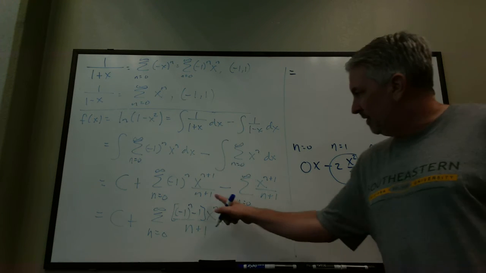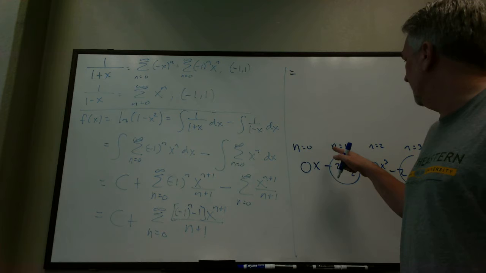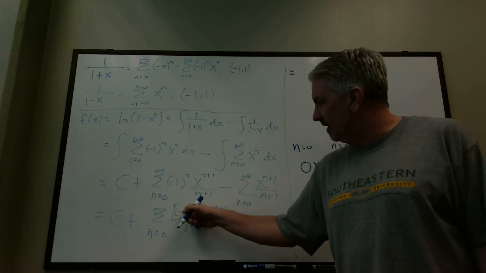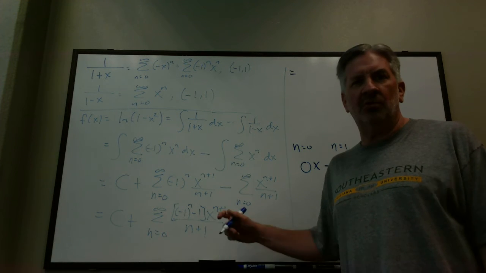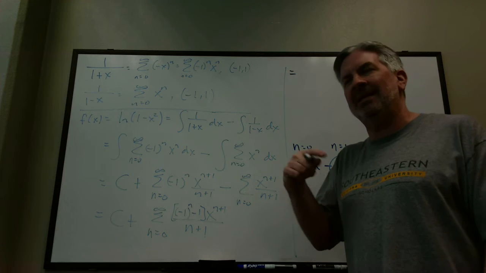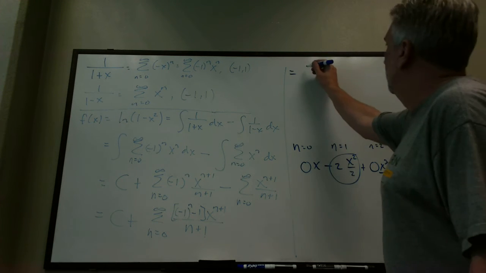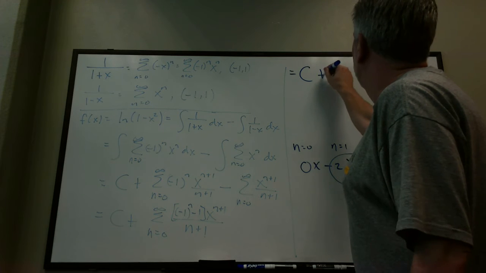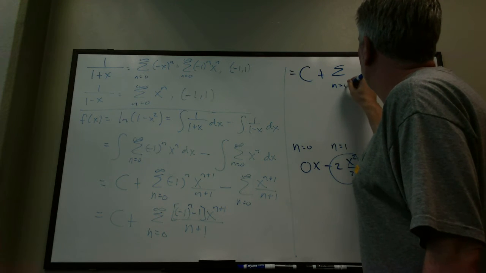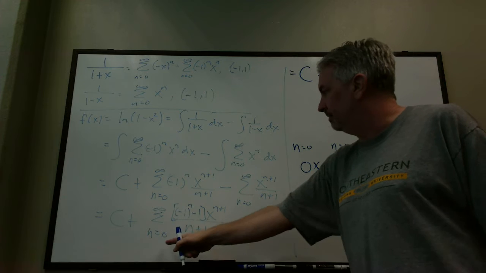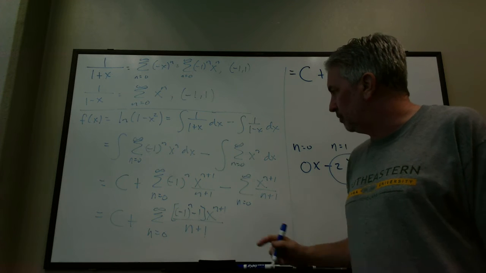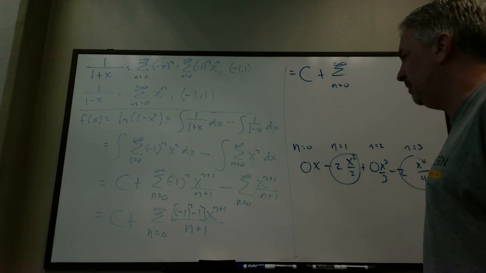So this expression turns out to be 0 when n is even, so we want to only consider odd values of n. If we replace n with 2n plus 1, 2n plus 1 is always odd. All right, so let me do c plus the sum, n equals 0 to infinity. That n we leave alone. But here, we're going to replace n with 2n plus 1.